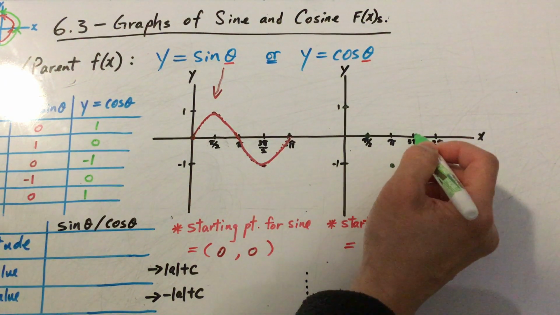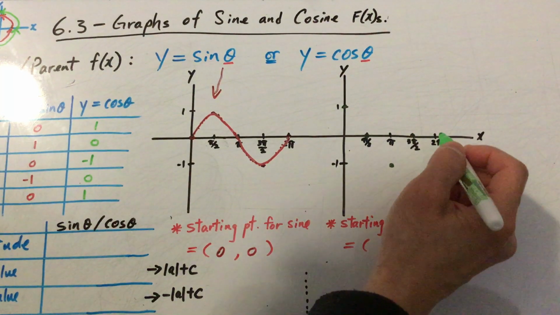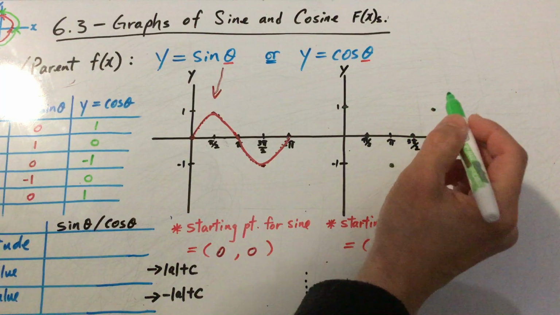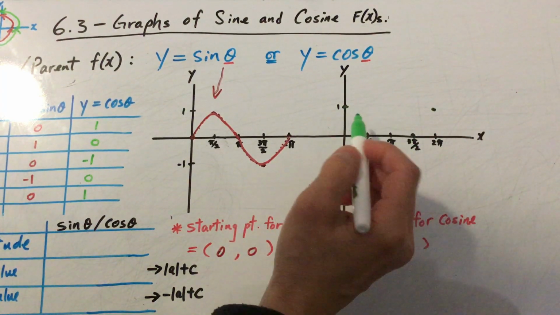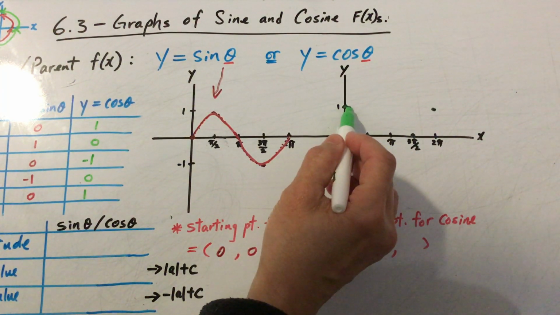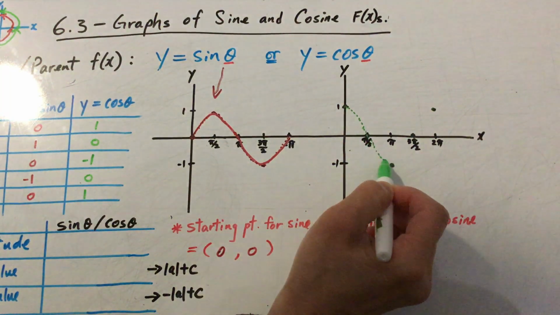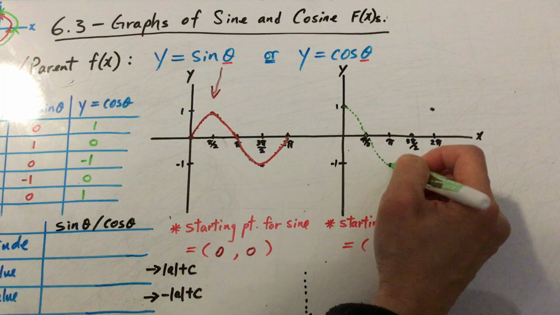At 3 pi over 2, I'm back to 0, and finally at 2 pi, I'm back to 1. Okay, so if I need to connect this, I'm going to do this with a smooth curve.